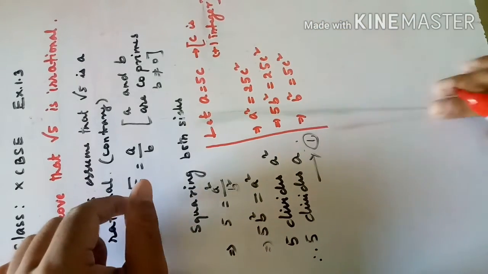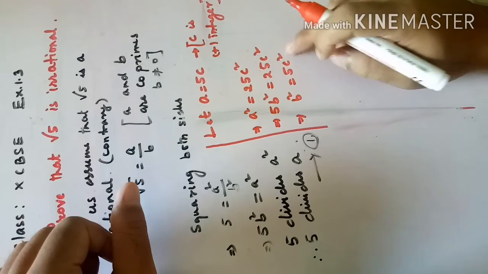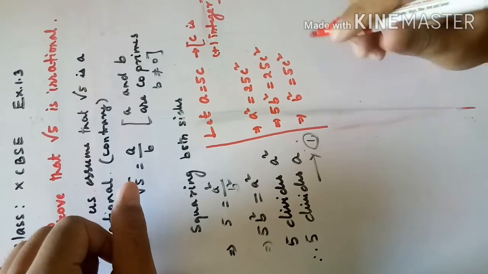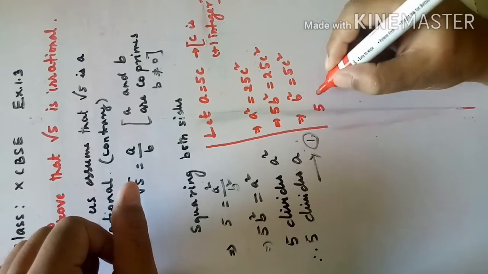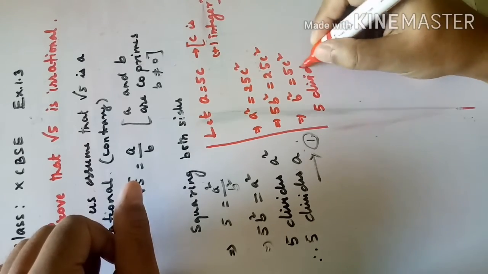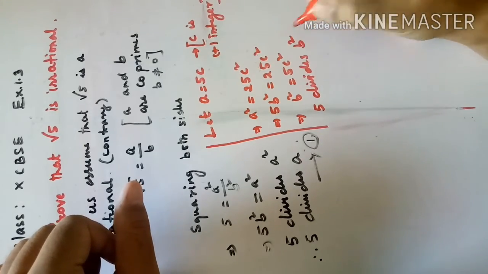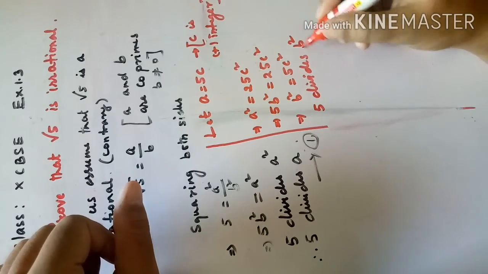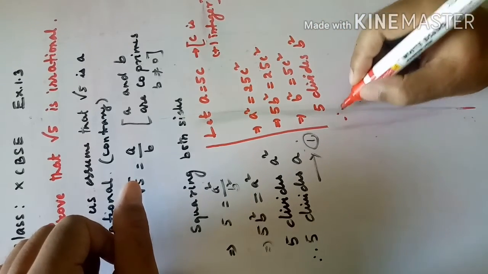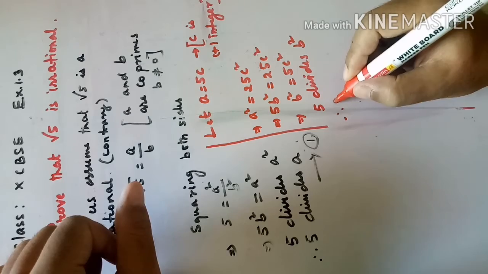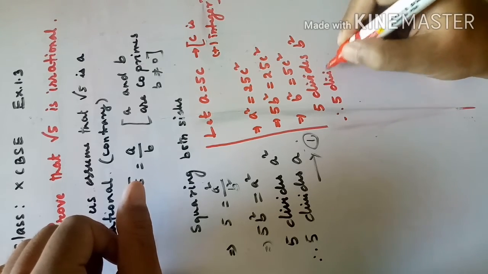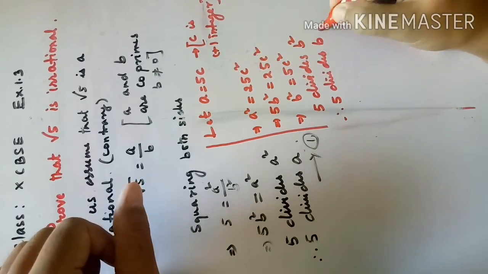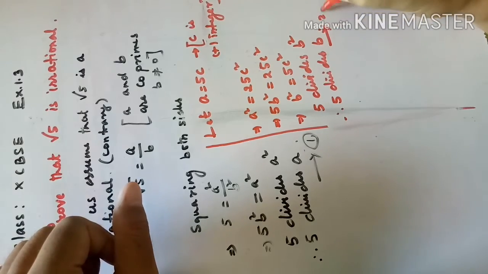So 5 and c square multiplying, we got b square. What is the meaning here? 5 divides b square. If b square is divisible by 5, then b is also divisible by 5. So 5 divides b also. This is equation number 2.